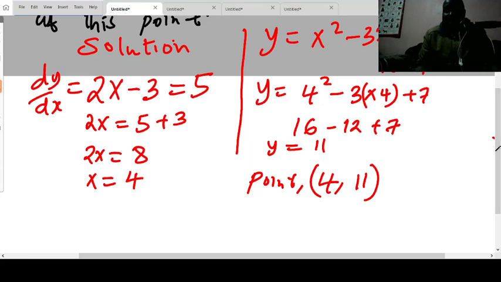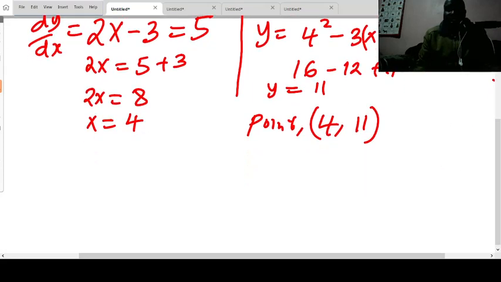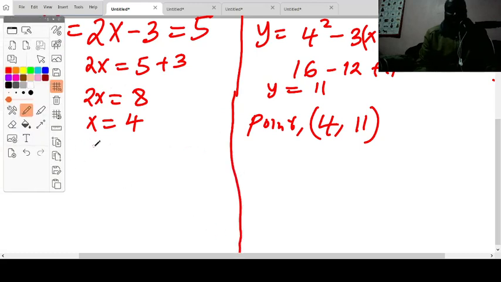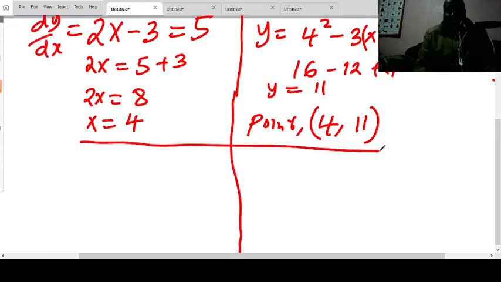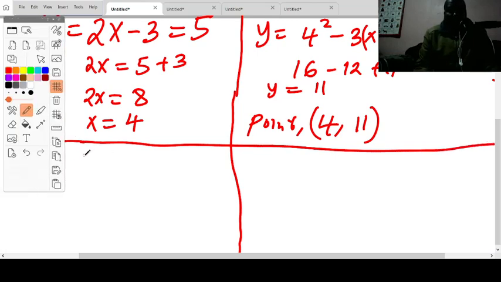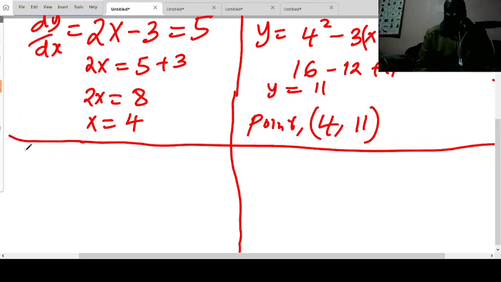We have the point. Now we have the point and we have the gradient. So what is difficult to get the tangent? Nothing is going to be difficult for us to get the tangent and the normal equations. So for the tangent, we have the point 4, 11.